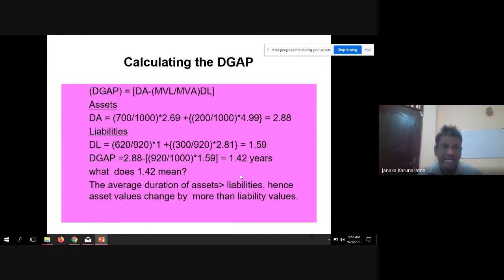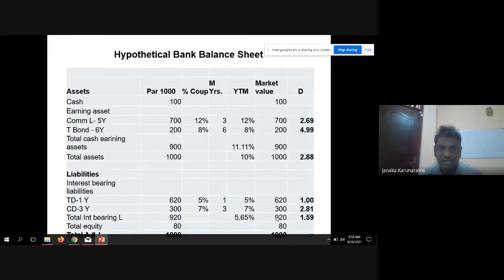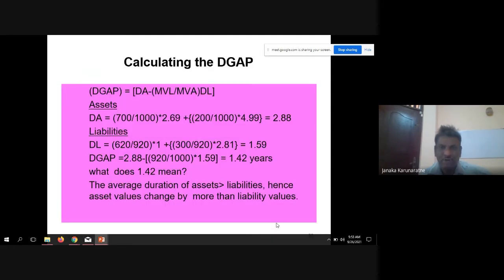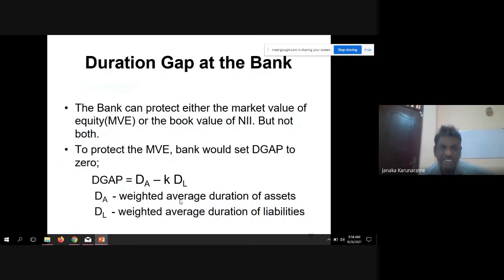Then DL equal 620 divided by 920. Because total liabilities value is 920, 620 divided by 920 multiplied by 1, and 300 divided by 920 multiplied by 2.81, 1.59. So now we can compute duration gap. Duration gap equal DA minus k DL.